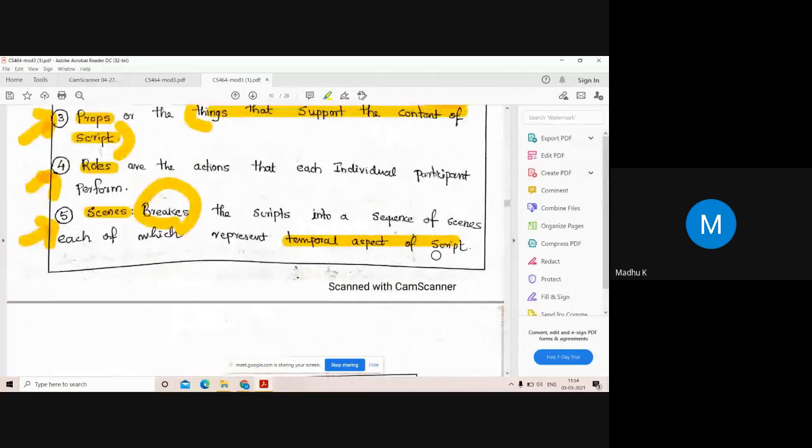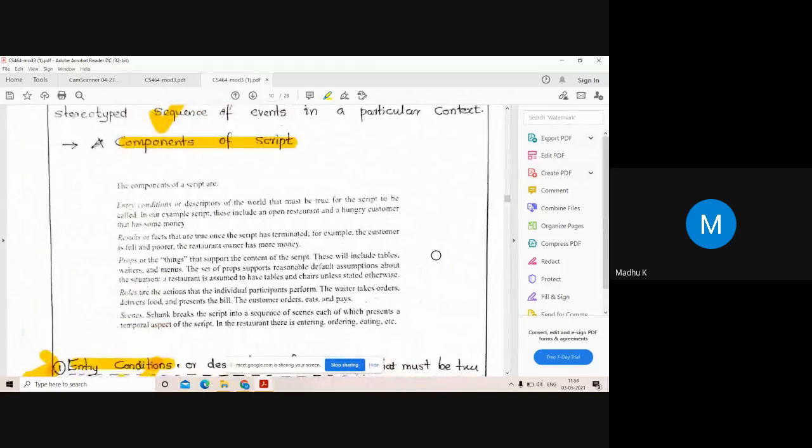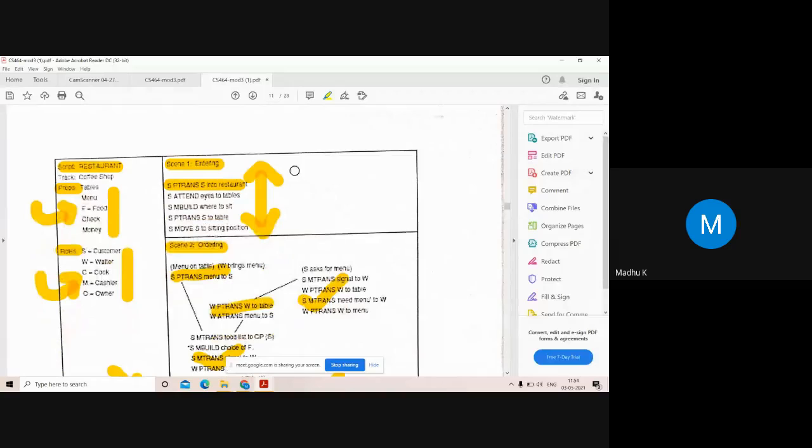So just try to understand what a script is, what a script system is, what the components are, and then the example, the restaurant script. Here scene 1 is there. These are the actions, which are represented in the textbook using conceptual dependency, not English-like sentences.